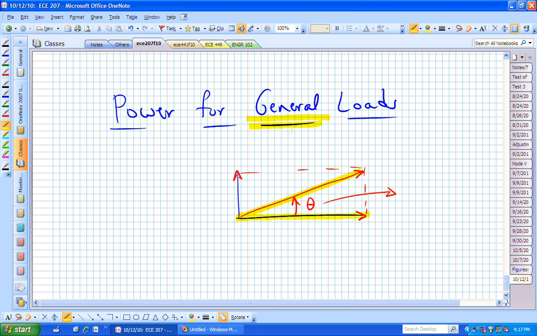What the power company wants to do is minimize having that large reactive power on the system. So if you have a big inductive load, you may want to balance that out with an equally large capacitive component, and then you can cancel each other out.